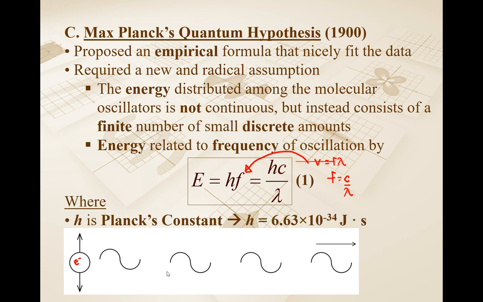h is an experimental constant that is referred to as Planck's constant and has a value of 6.63 times 10 to the negative 34 joule seconds. That is a really, really small number. Even if we take the highest frequency of EMR, that's a gamma ray, around 10 to the 20 hertz, multiplying by 10 to the negative 34 would still give you something like 10 to the negative 14 joules as your energy.